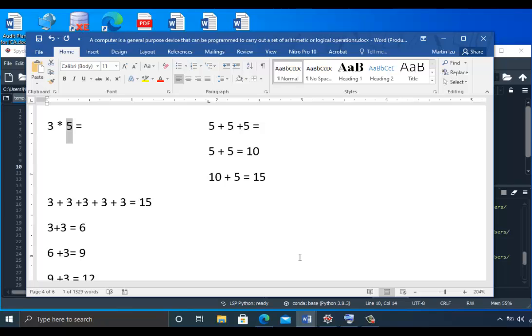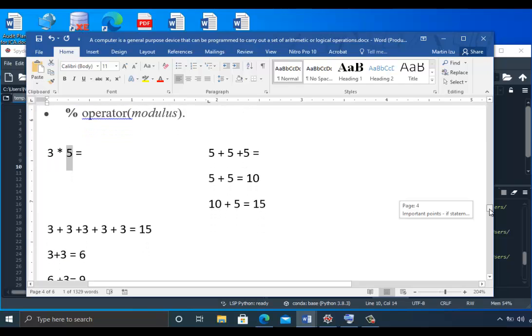The first one is that multiplication in computing, or in mathematics in general, is repeated addition. Also, division in mathematics is repeated subtraction, and that is what the processor does.